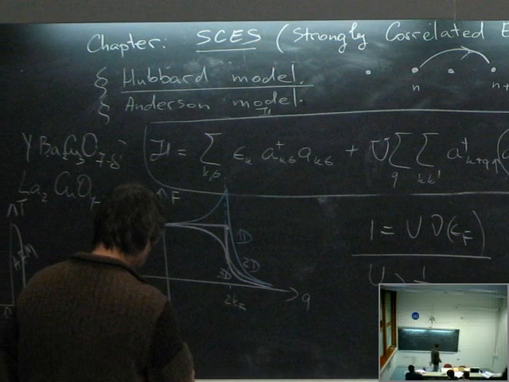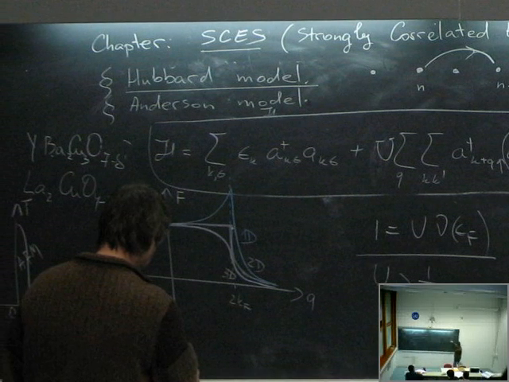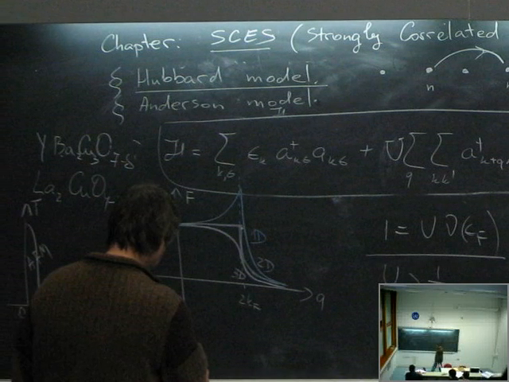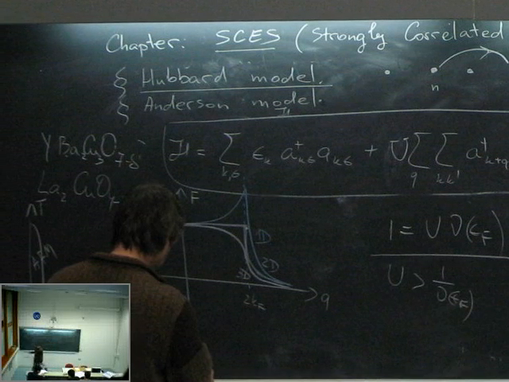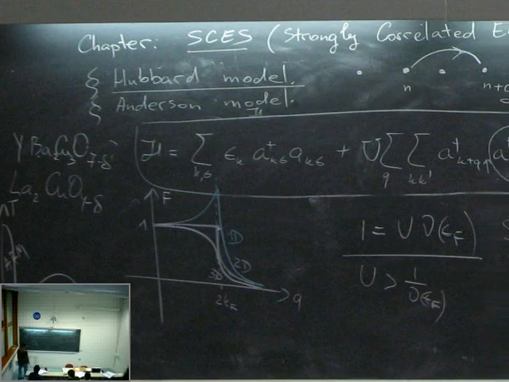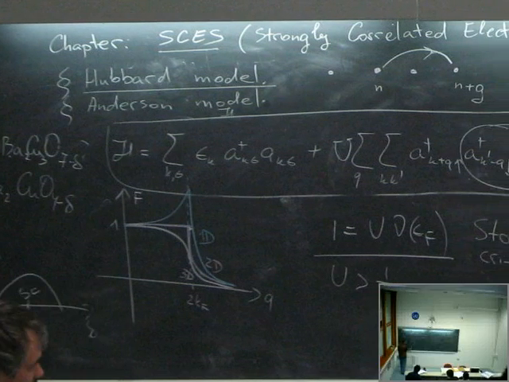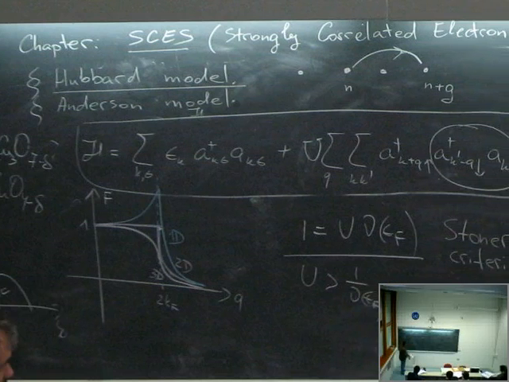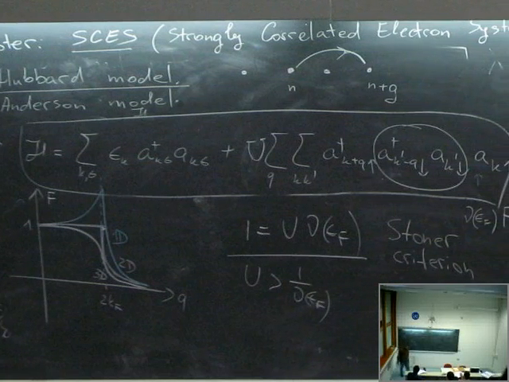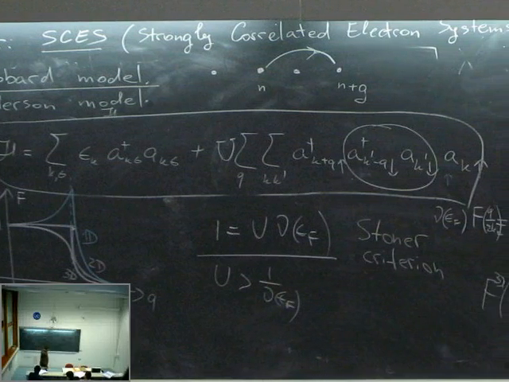But what I'm saying to you here is all the same. When you come to a system with reduced dimension, you have more possibilities for instabilities, which increase with decreasing dimension. And actually, this indicates that in a one-dimensional situation, any kind of instability can occur.